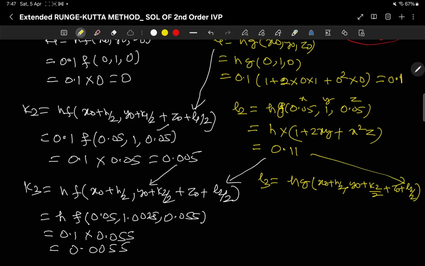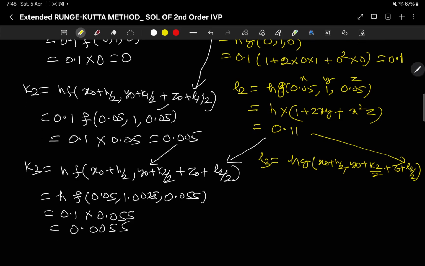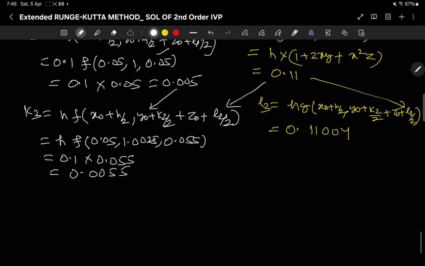This is L2 now. So now I simplified, it will be my 0.11004.